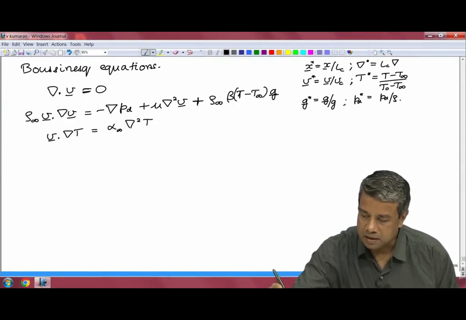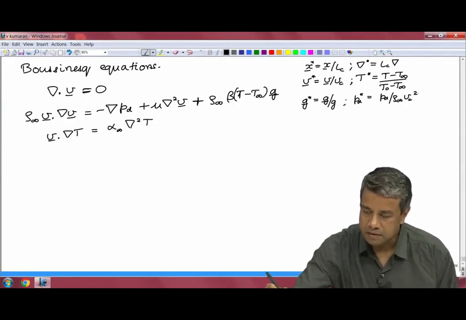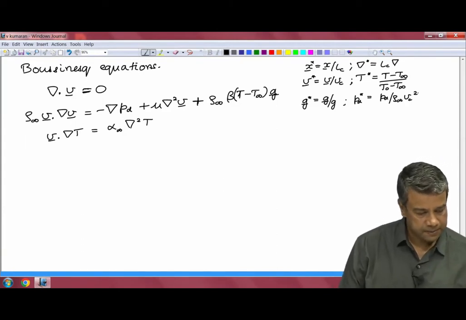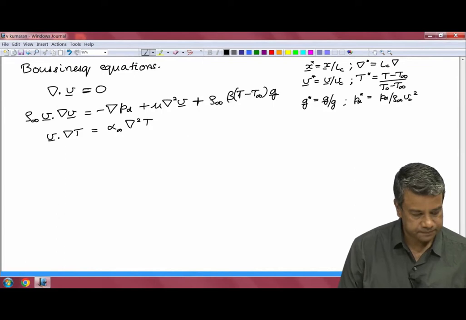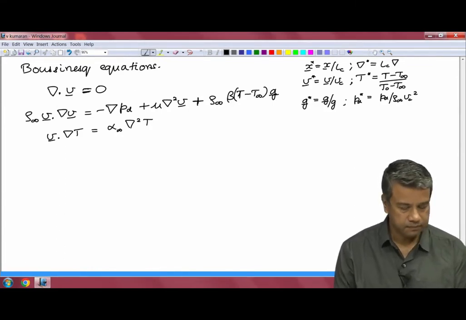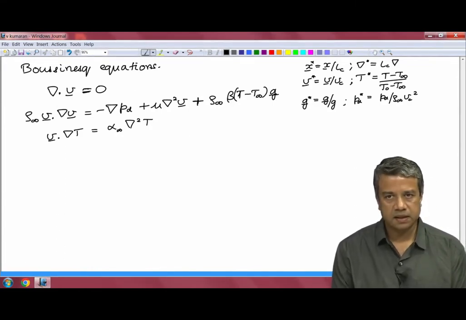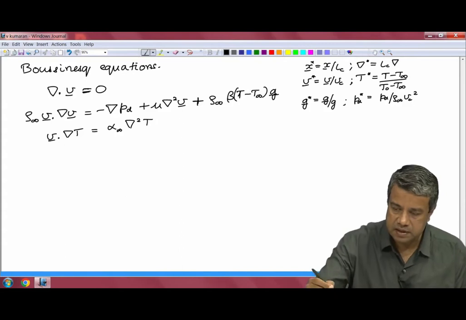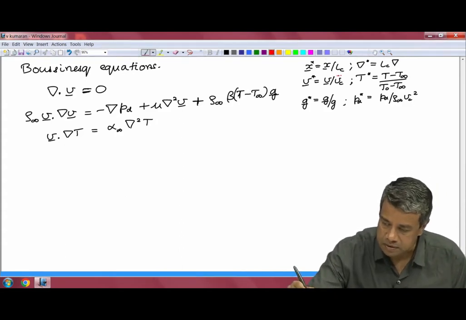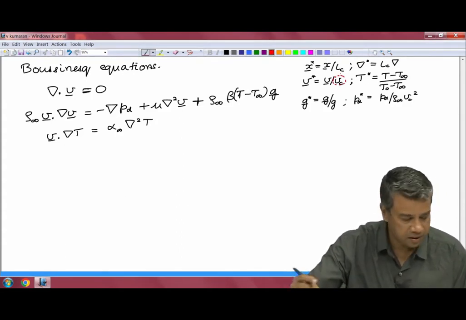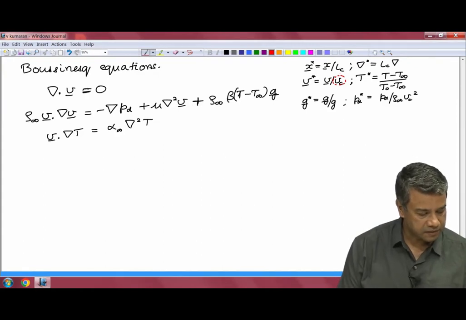I will scale it here by the inertial scale. So, these are the scaled coordinates, the velocity. Note that this velocity scaling we do not yet know. So, we have to substitute this into the equation in order to find out what is the scaling for the velocity.